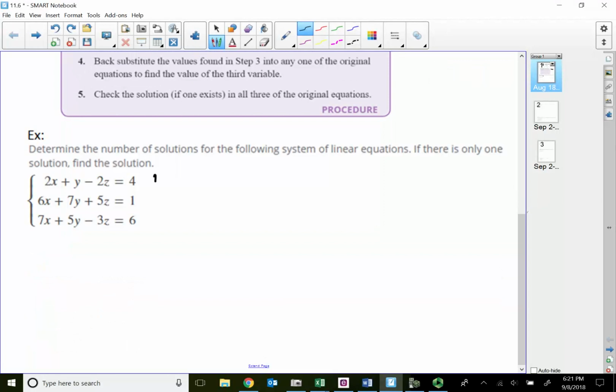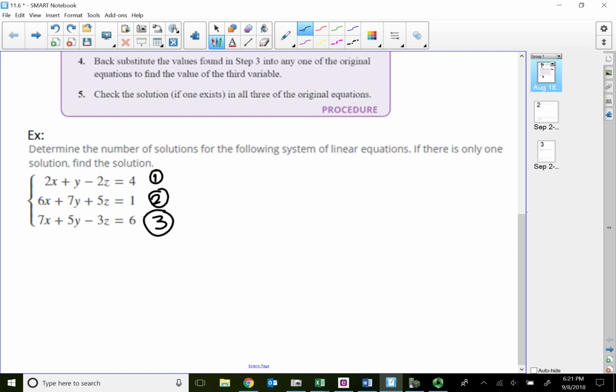So this is the first equation, second equation, and the third equation. The first thing we want to do is pick a variable that you want to eliminate. The way I normally pick the variable is based on the coefficients of the variable, just by looking at the multiples.